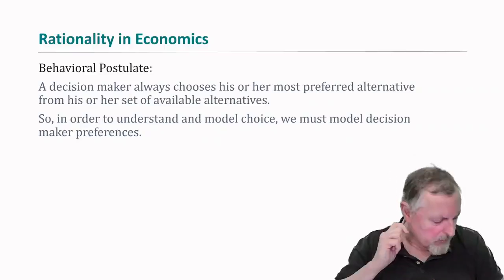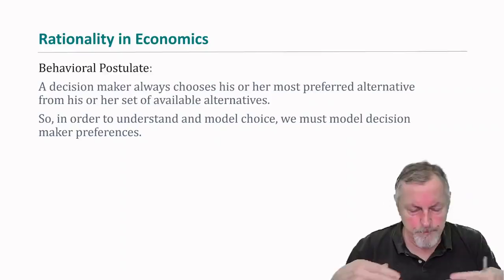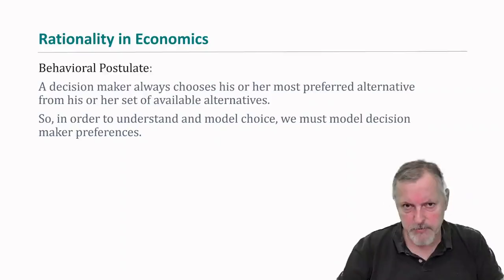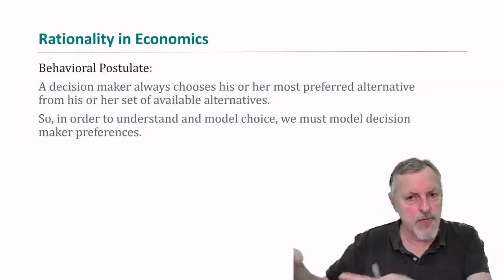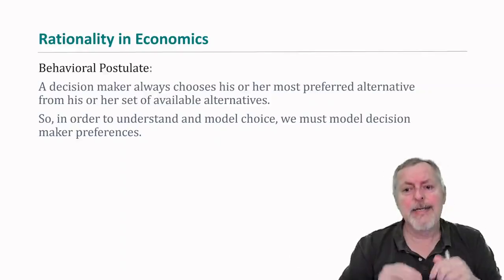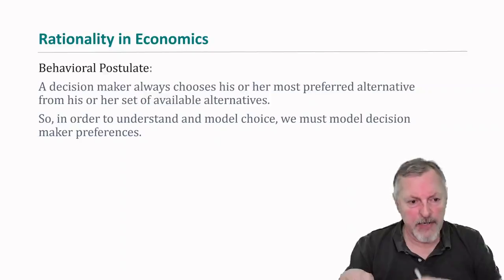It's important to remember that preferences refer to entire bundles of goods. Do you prefer this assortment of goods to that assortment of goods? It does not refer to the particular goods in the bundles.